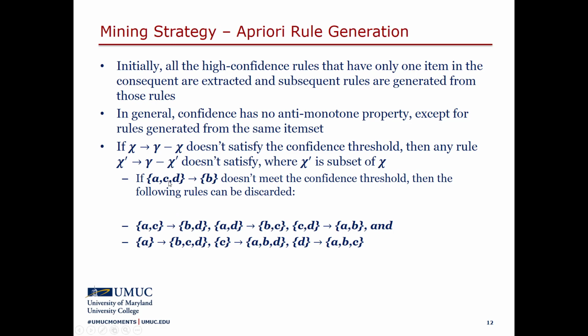Anything containing a subset, AC to the corresponding BD, AD to BC, and so forth, will not satisfy. So you are also applying partially the anti-monotone property on individual subsets.